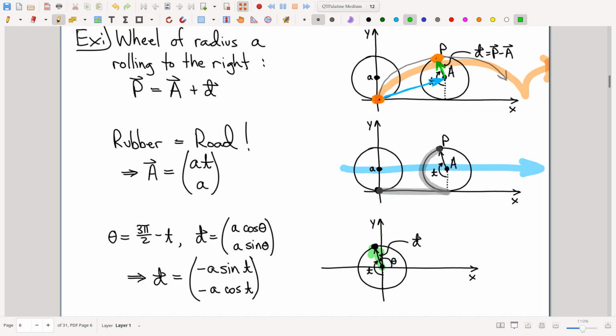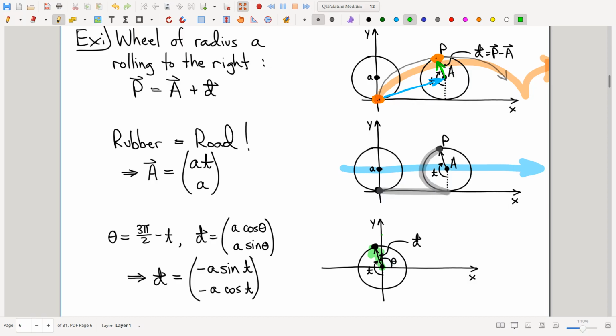And so as the wheel rolls, that green vector is just going around in a circle. Nice, friendly little circle, nothing to it. So the weird curve is the sum of something easy to describe plus something else easy to describe. That's the first big point in this situation. Everybody see that first step?